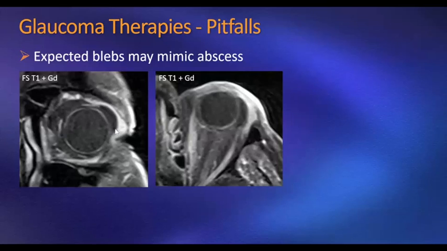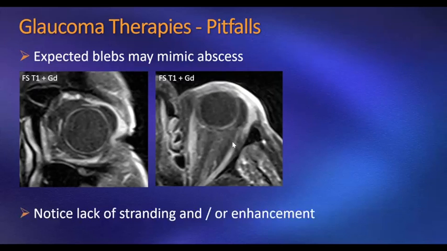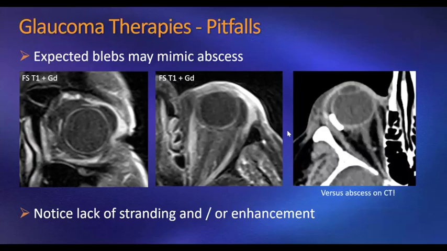Sometimes the blebs that are associated with the shunt are mistaken for an abscess, such as in this patient where the adjacent lacrimal gland demonstrates marked enhancement, but that's physiological enhancement of the lacrimal gland. Notice that there is no enhancement or stranding posterior to the fluid accumulation. In contrast to this patient where we also have a fluid collection, but notice that this fluid collection is not around the shunt, but anterior to the shunt.